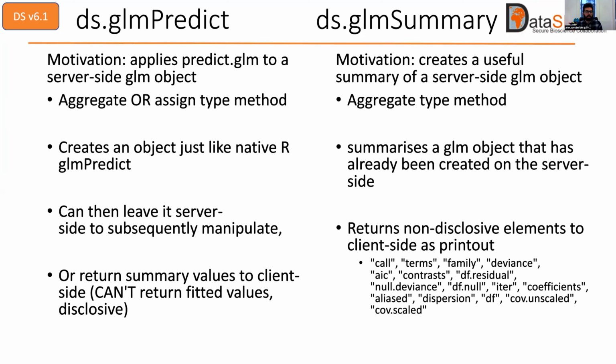Then it's left on the server, and you can leave it there to subsequently manipulate it. One thing that Dimitri and I did was to add it into a scatter plot to see how well the scatter plot was fitted by GLM predict. Alternatively, you can return the summary values, which has been edited to only return non-disclosive values.